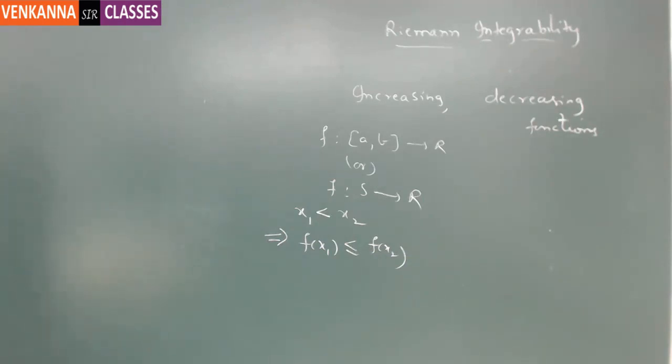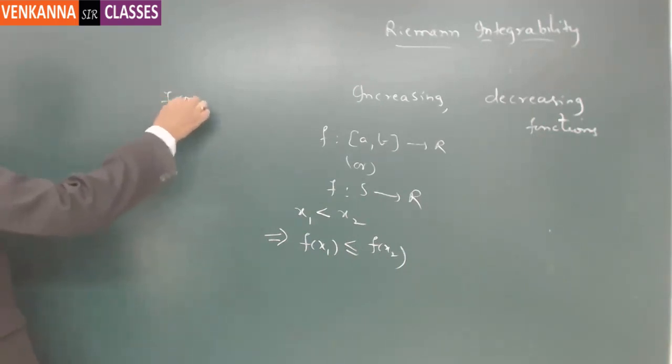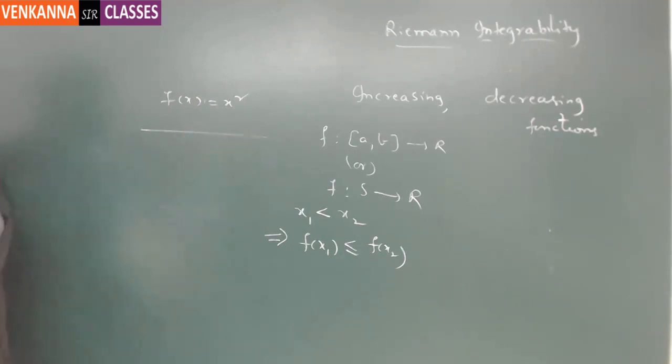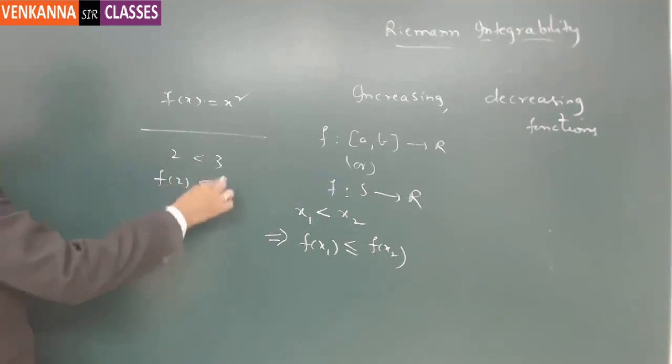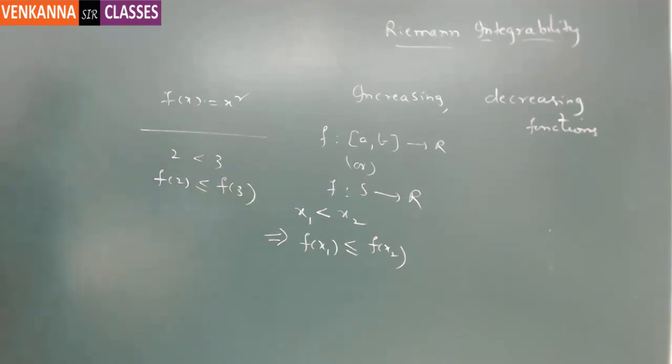We call it an increasing function, or you can say monotonically increasing. A simple example is f of x equal to x square on the number line. Whenever you take 2 less than 3, f of 2 is less than or equal to f of 3. Agreed? So whenever f satisfies that kind of property, we call f an increasing function.